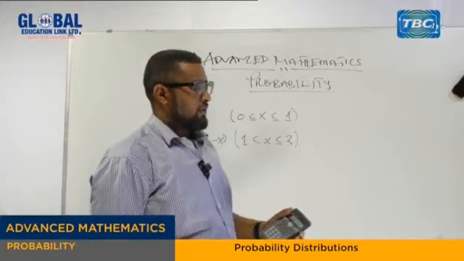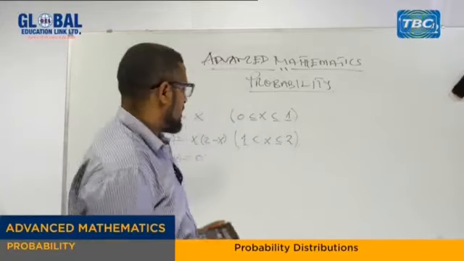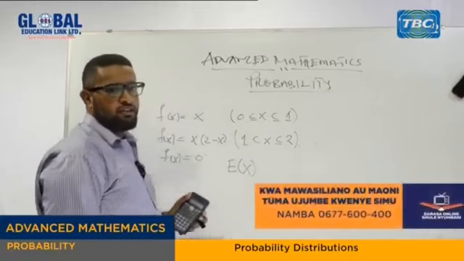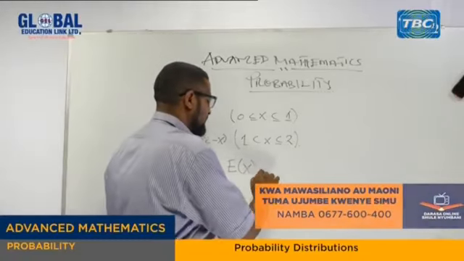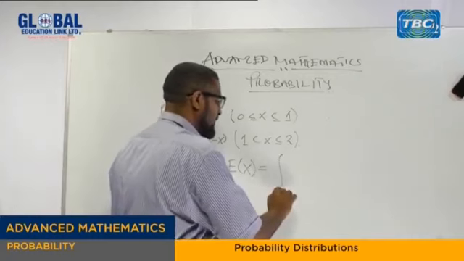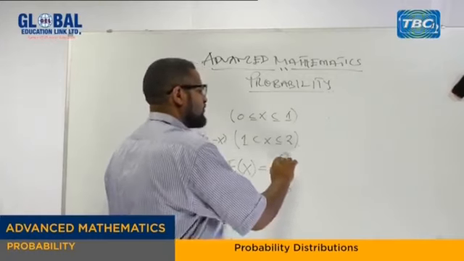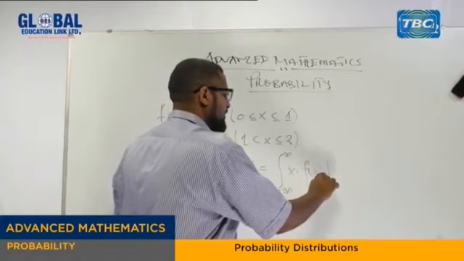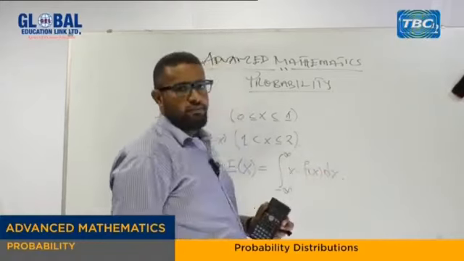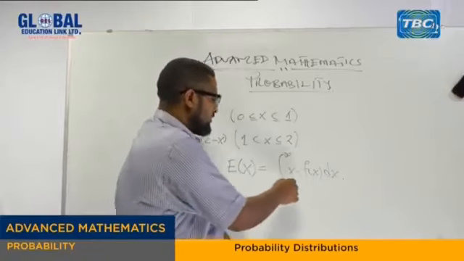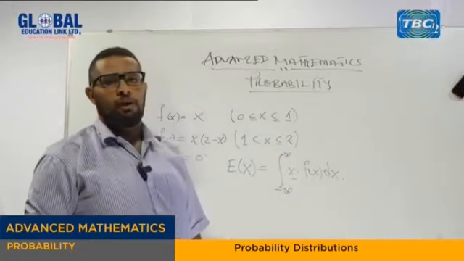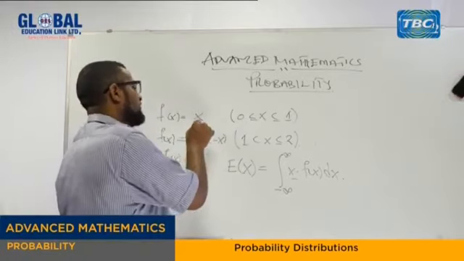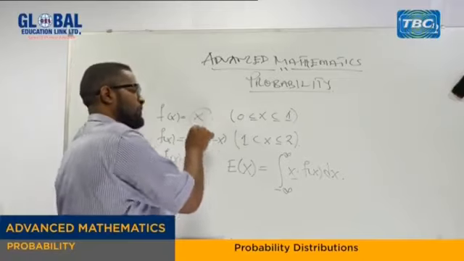Now, let's recall the formula. We are looking for the expectation of variable x. The formula is the integral from negative infinity to positive infinity of x, the function f of x, then dx. Remember, this x is in the formula, but you are also given a function that is f of x equal to x.